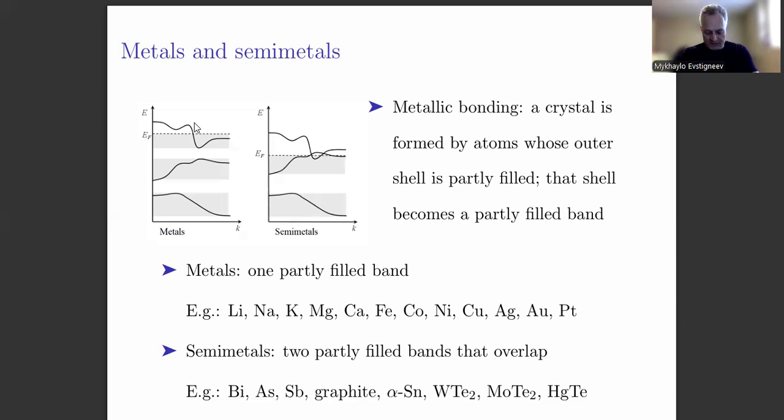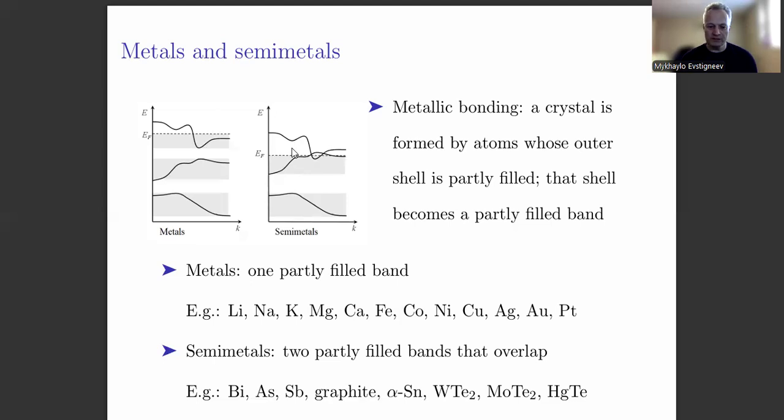Now, I said earlier that energy bands may overlap. And semi-metals are metal-like materials whose two energy bands overlap, and the Fermi energy belongs to both of these overlapping bands.